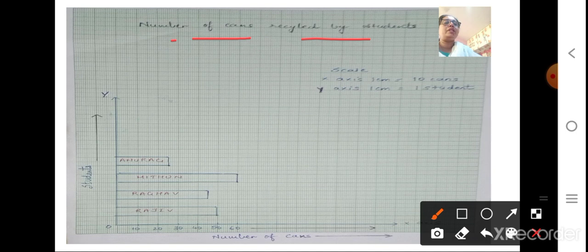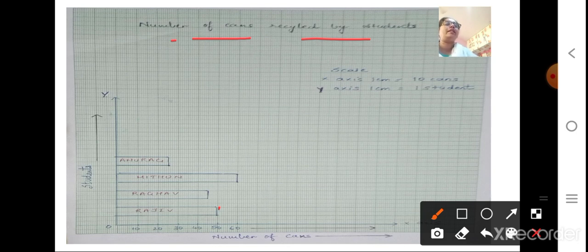Y-axis, 1 centimeter is equal to 1 student. Now Raju has recycled 50 cans, so we'll just draw a rectangular bar showing that Raju has recycled 50 cans. Same way for Raghav, Mithun and Anurag, we will draw the horizontal rectangular bars according to the data. Okay.